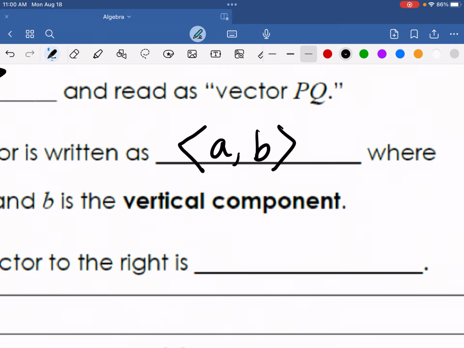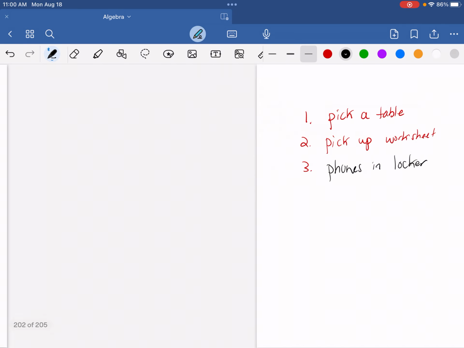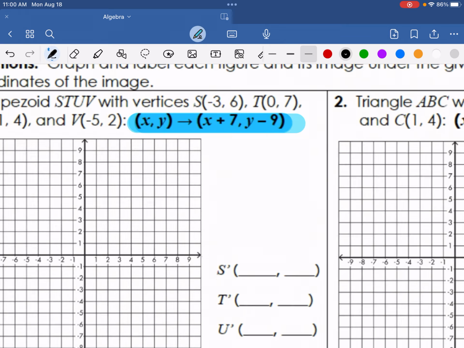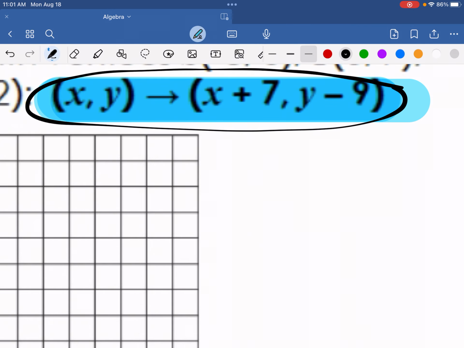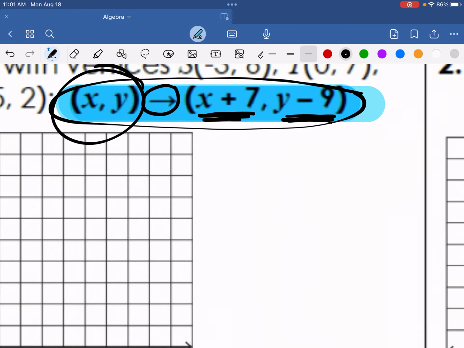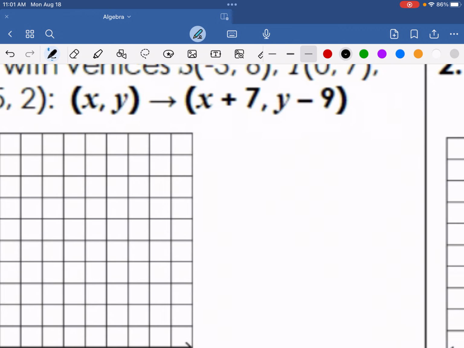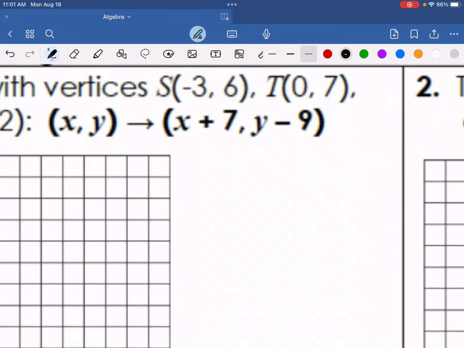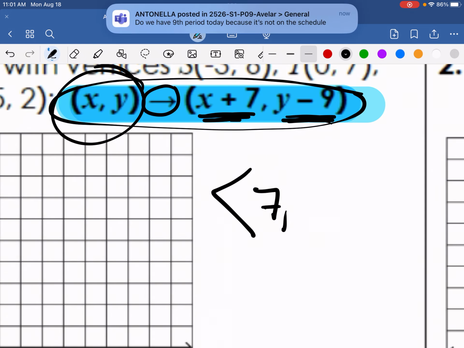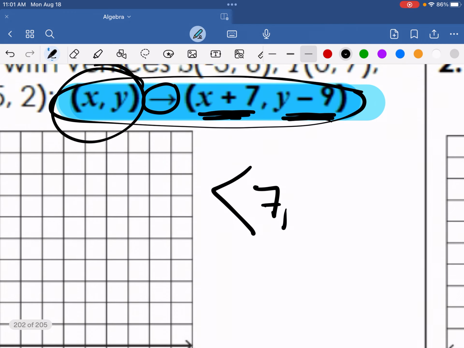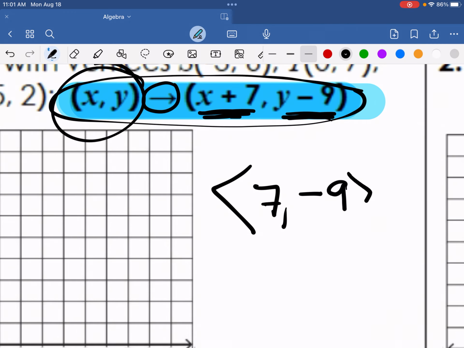So if I go back to 2 lessons ago, this is how we wrote it last week. This is called coordinate notation, and it was a direction. It told us the initial points are translating 7 to the right and down 9. This week, all we're doing is changing it. Now it's vector form. So we would write it as 7 to the right because it's positive and down 9 because it's negative.